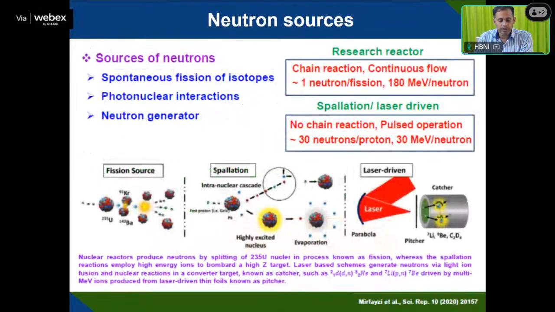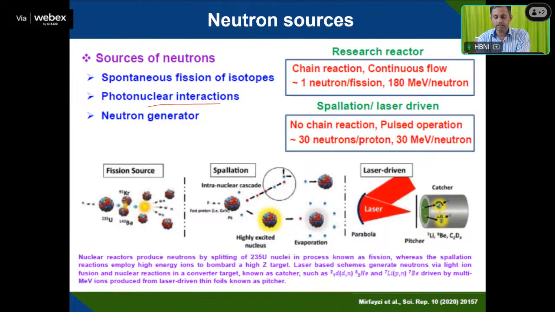You can generally produce neutrons from mainly these sources. They can be produced by nuclear fission reaction, spontaneous fission reaction, photonuclear interaction, or even a neutron generator.